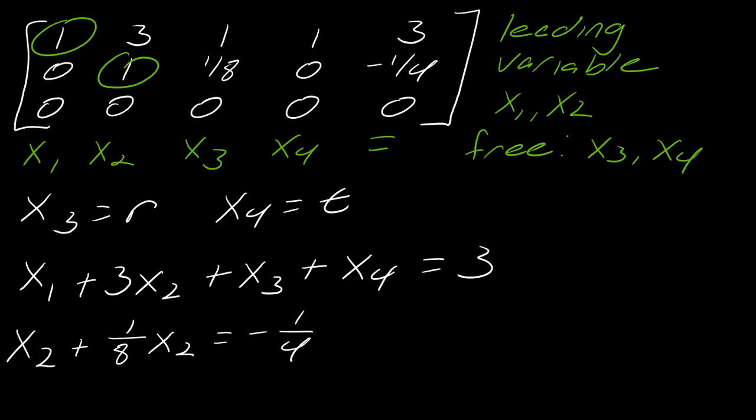Sorry, this should have been x2 plus x3. Now the next thing I want to do is solve for my leading variables. So I need to solve for x1 and x2. The nice thing about the matrix is that when you get to this point, it's actually pretty simple to do. So let's go ahead and make a little more space again.